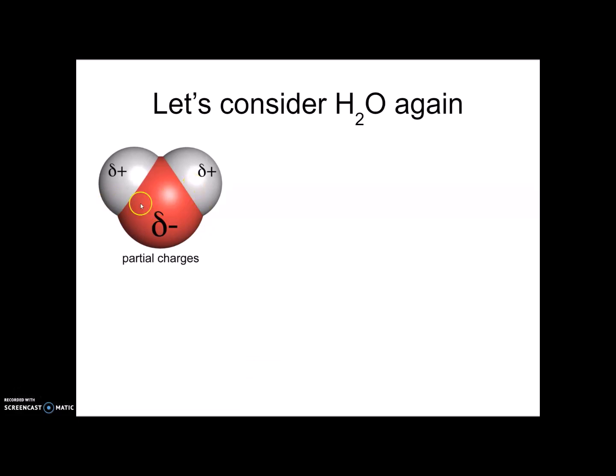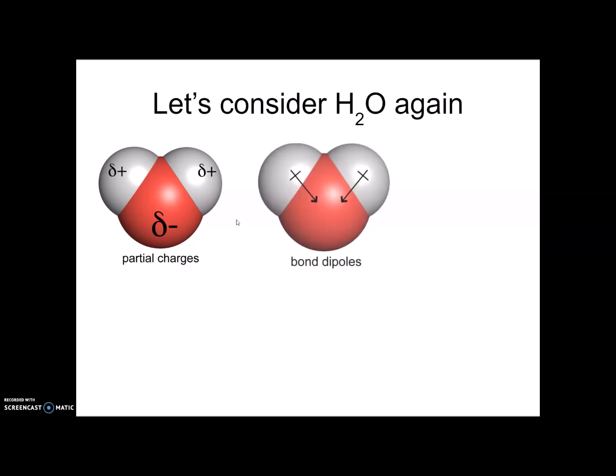It looks kind of like a boomerang, where the hydrogen atoms are on one side of the oxygen atom, and they're not exactly opposite each other. Now, we've already seen how we can indicate partial charge with the lowercase Greek letter delta, and we would put a partial positive charge around each of the hydrogens and a partial negative charge around the oxygen, because oxygen is the more electronegative atom and draws electrons towards it more strongly than hydrogen does.